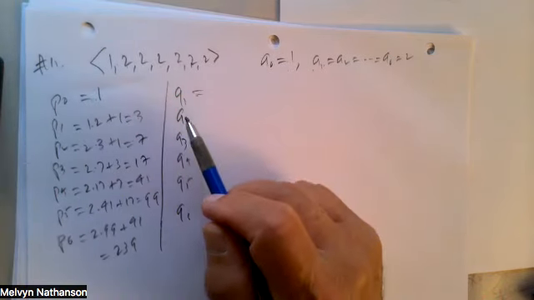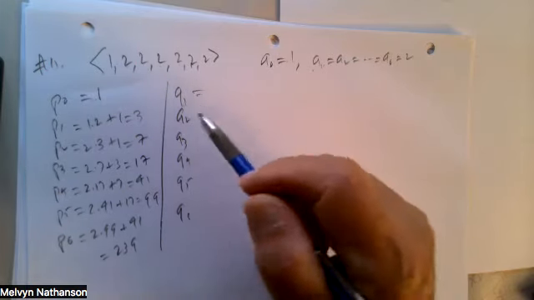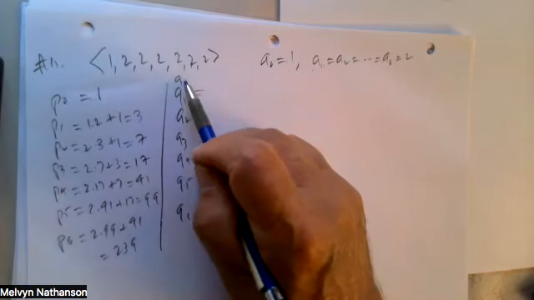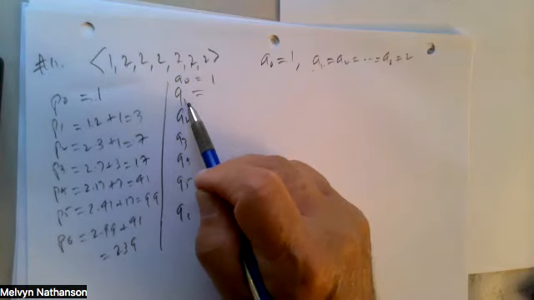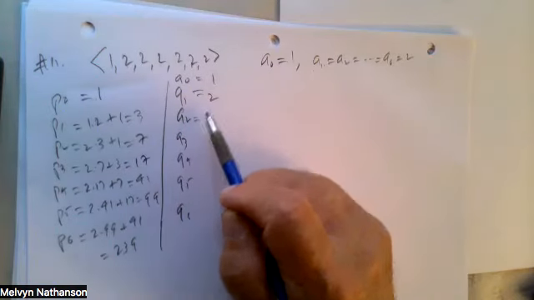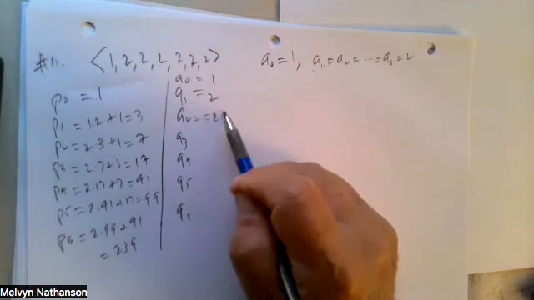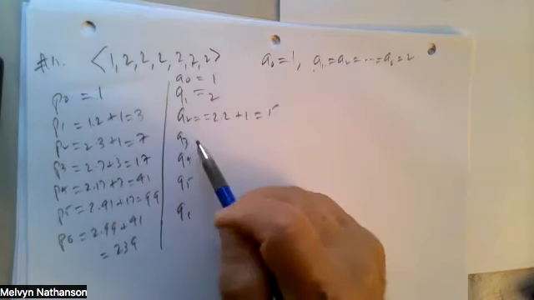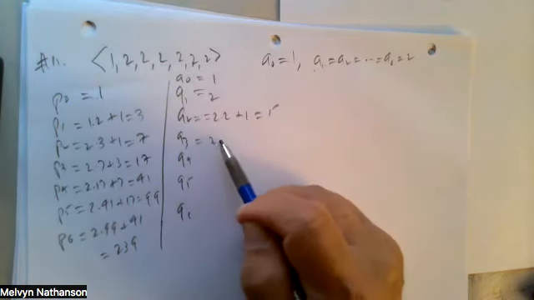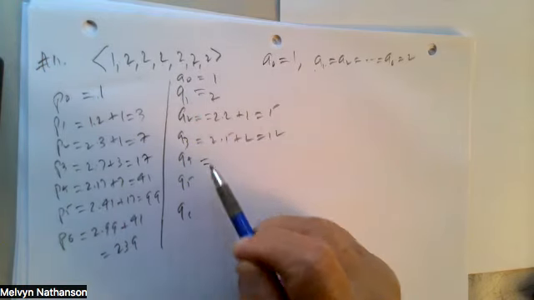Q1 is, sorry, I forgot Q0. Q0 is 1. Q1 is A1, that's 2. Q2 is 2 times 2 plus 1 is 5. Q3 is 2 times 5 plus 2 is 12.